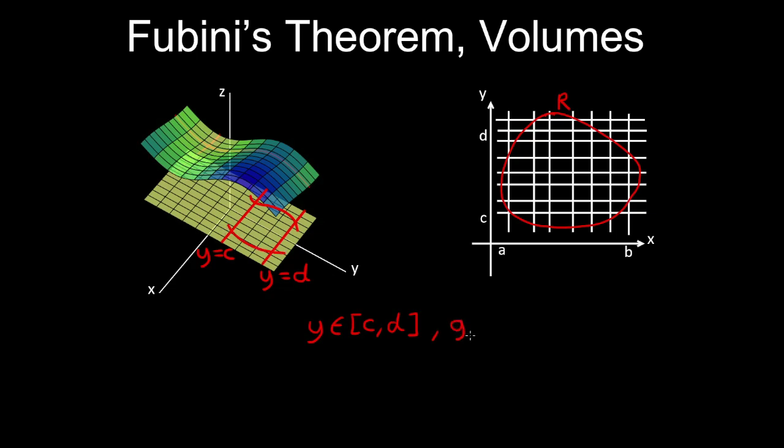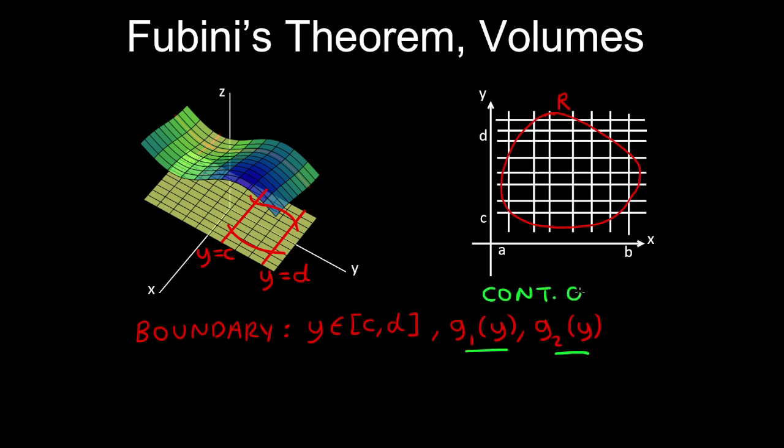So they're continuous functions of y, g1 of y, and we also have g2 of y. So these constitute the boundary of the region. And these two functions describing the boundary are continuous on the closed interval from c to d.